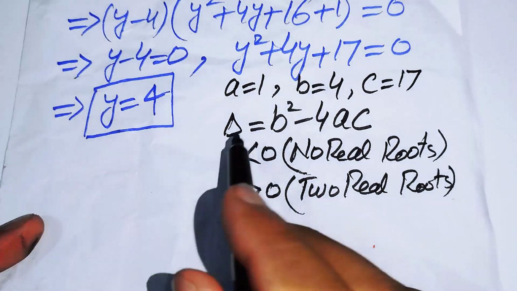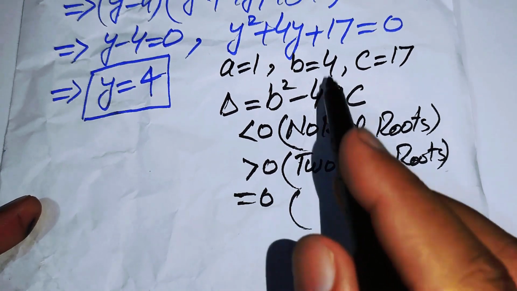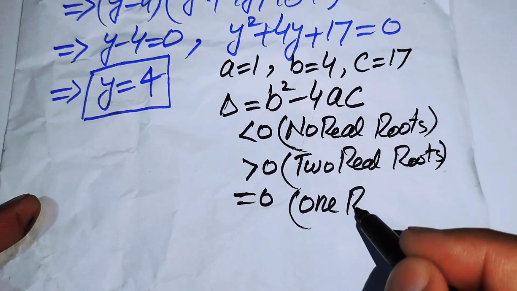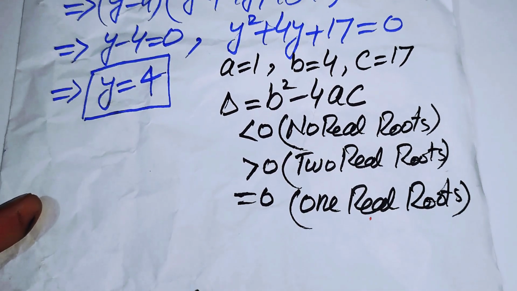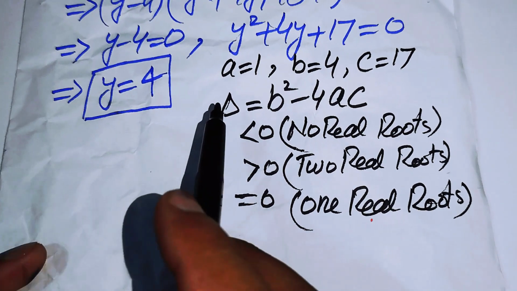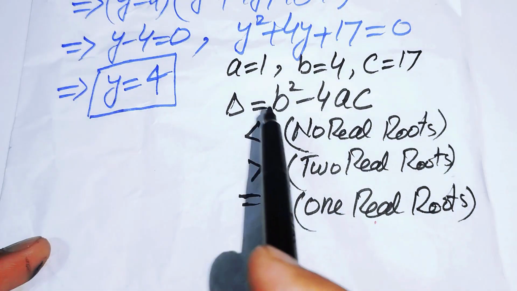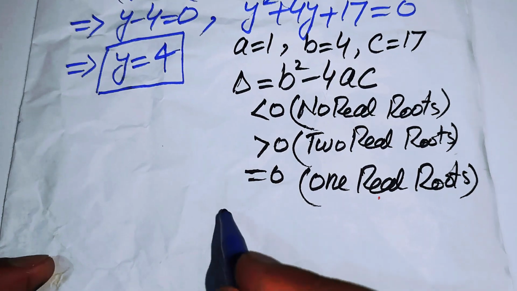And similarly, if this delta is equal to 0, then we say that this quadratic equation has only one real root. So now we check the behavior of this delta by putting the values of a, b and c in this delta.